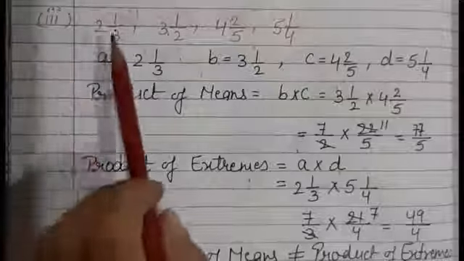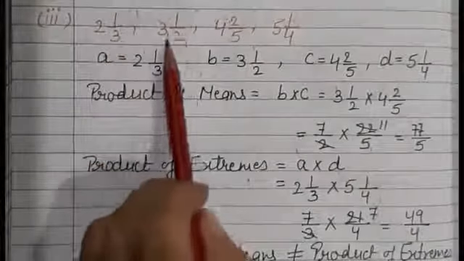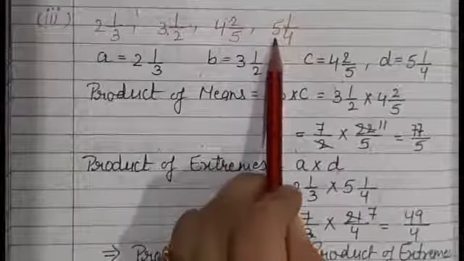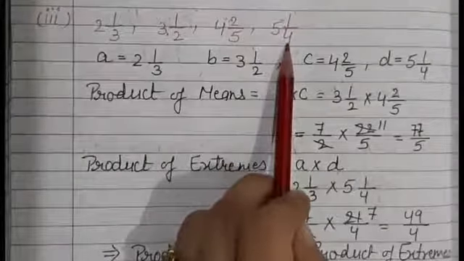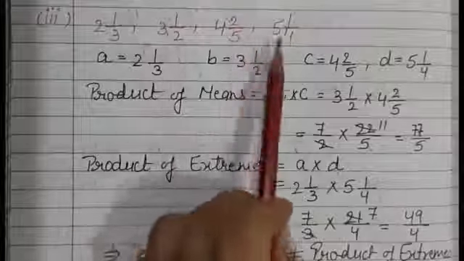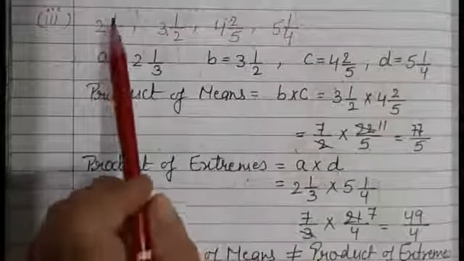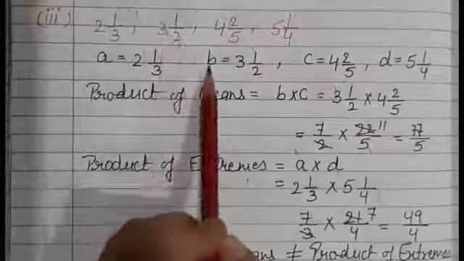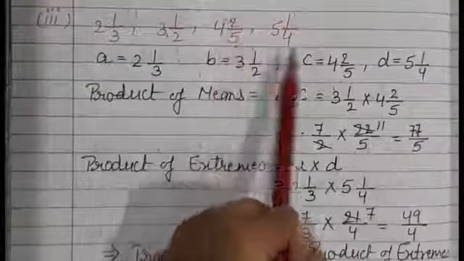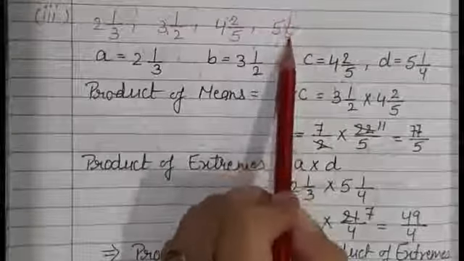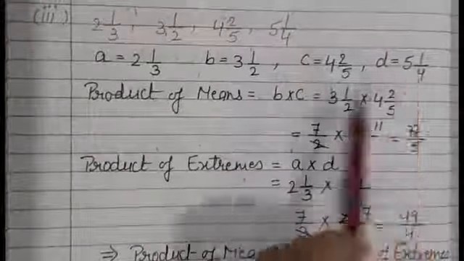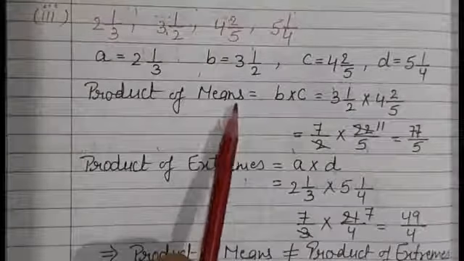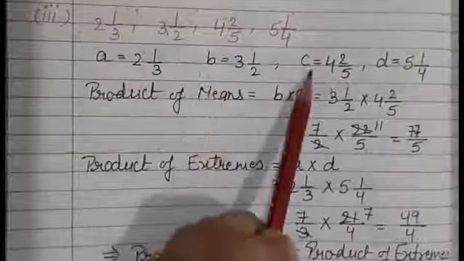Similarly, third part, 2 whole 1 by 3, 3 whole 1 by 2, 4 whole 2 by 5 and 5 whole 1 by 4. To check whether these numbers are in proportion, first take 2 whole 1 by 3 as A, 3 whole 1 by 2 as B, 4 whole 2 by 5 as C and 5 whole 1 by 4 as D. Now calculate the product of means. Means B into C, right?